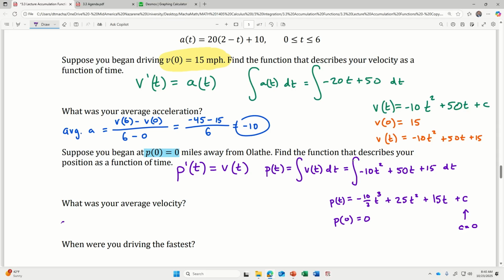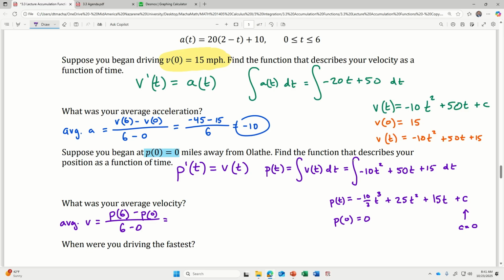Okay, what was your average velocity? Average velocity is my position at the end minus my position at the start, divided by the end time minus the start time. And so I got to get out my calculator again and figure out what was the position at time t equals 6. Negative 10 over 3 times 6 cubed plus 25 times 6 squared plus 15 times 6 plus 0.